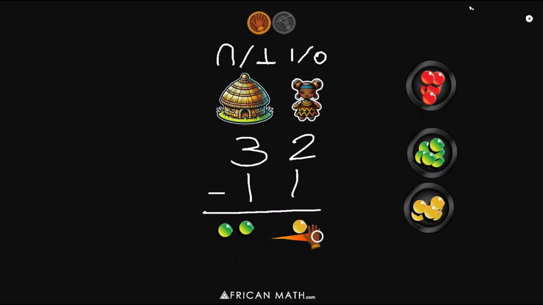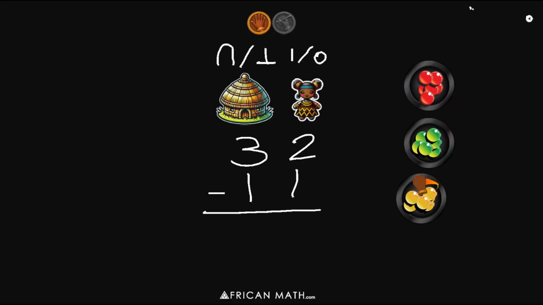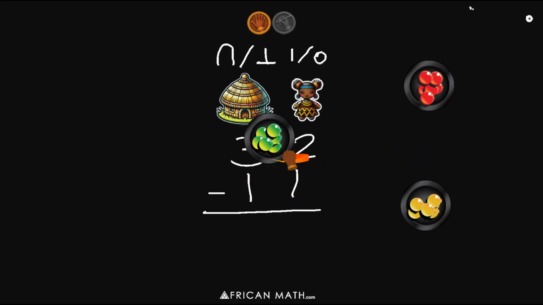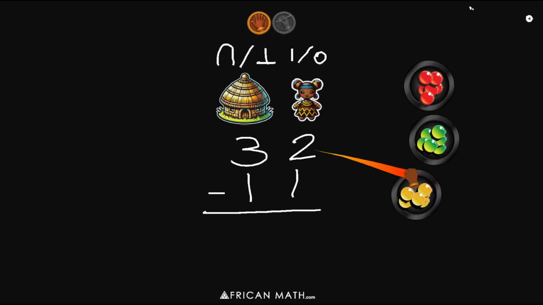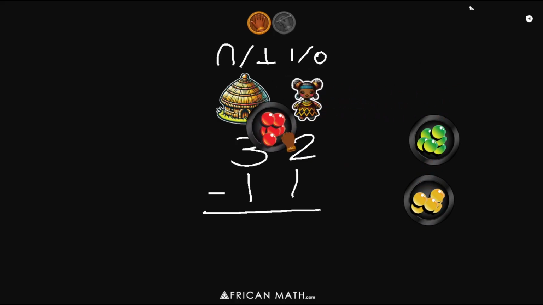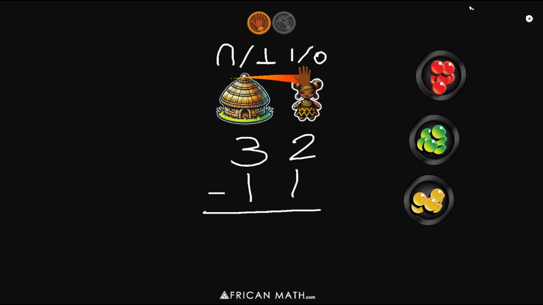All right. Now we're going to do this using our African numerals. The same way we have different colored beads to represent 10, bits of 1, and takeaway pieces, we also have African numerals to represent them as well.